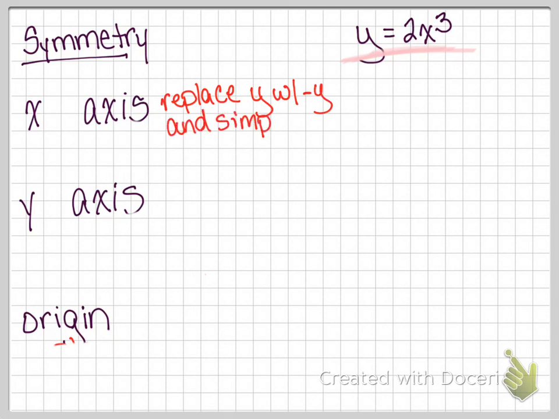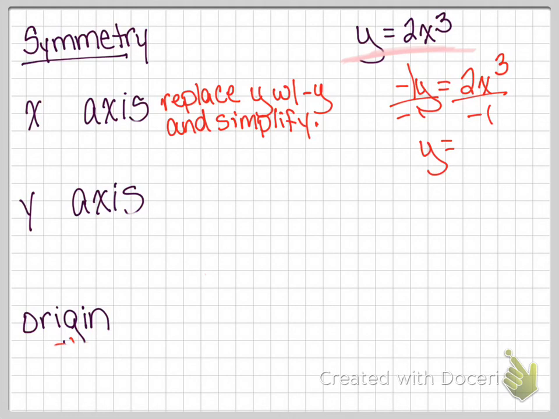Okay? So, I am going to look at y equals 2x to the third. And instead of writing down y, I'm going to write down negative y. Now, what number is in front of that y? Negative 1. Okay? So if I divide everything by negative 1, am I back to what y equals? Have I simplified and solved for y?